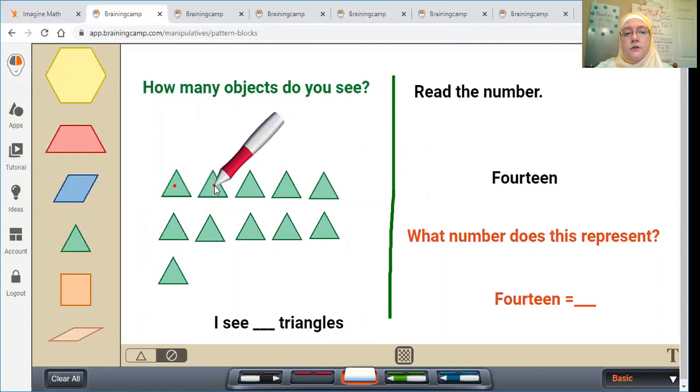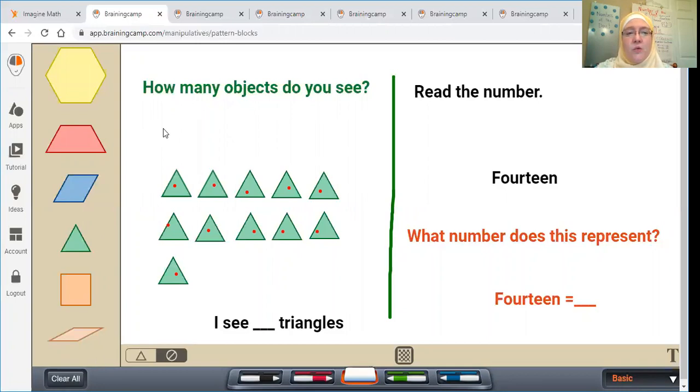1, 2, 3, 4, 5, 6, 7, 8, 9, 10, 11. So we have 11 of these shapes. What are these shapes? 3 sides and 3 vertices. It's a 2D shape. It's a triangle.